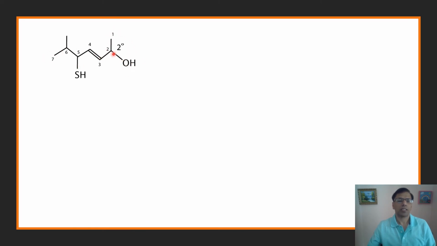Okay, and then you have the double bond at carbon 3, and you have the mercapto group at carbon 5. You also have a methyl group as a substituent. So you have two substituents, and the double bond is a part of the parent chain. So the naming is a little bit unique in this case.